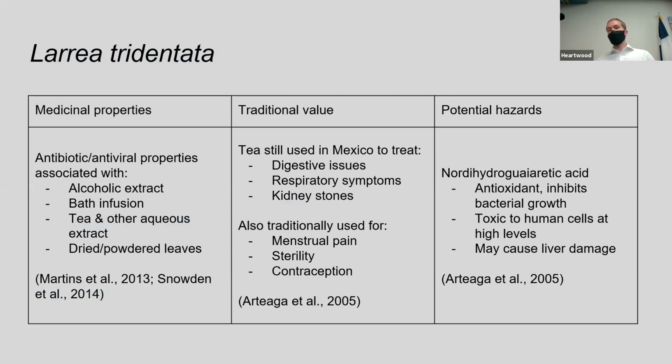Its tea and other extracts have been used to treat a wide variety of issues. You can see them in the middle. I'm not going to list them off, but if you really are curious, you can look at my references. In this paper, Arteaga et al. has just like a 100 to 200 item long list of the things that it's been used to treat. And I don't know what to believe, honestly.